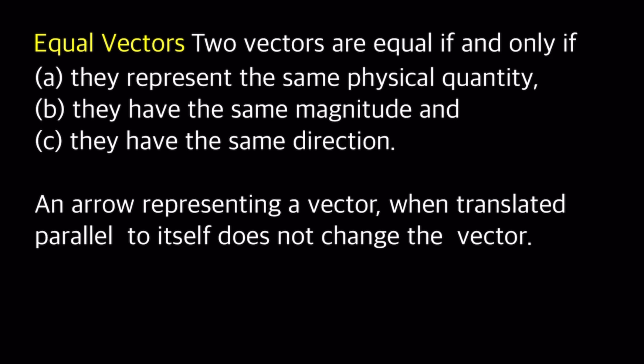Suppose there is a vector A with magnitude mod of A. If you displace it parallel to itself, it is not going to change. If at the new position its name is changed to B, you cannot say that B is different from A. B is the same as A.